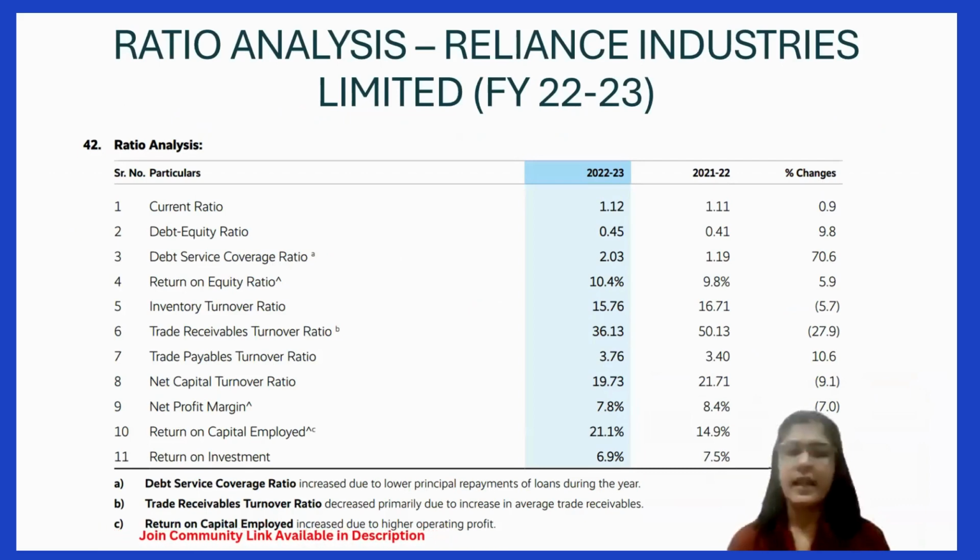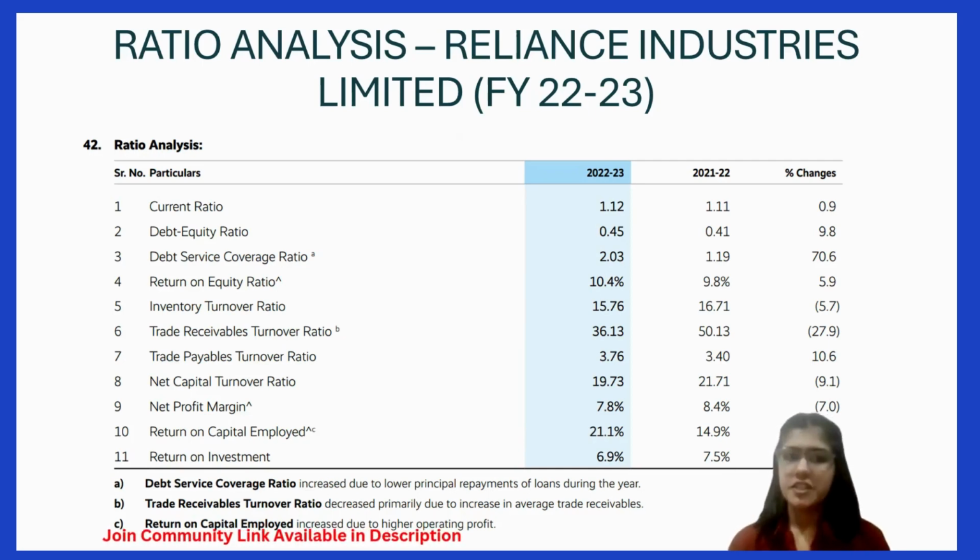There are liquidity ratios, which help identify the company's ability to repay short-term and long-term obligations. There is the current ratio, which is current assets divided by current liabilities. This ideally should be 1:1, that is, the company can repay its current liabilities with current assets.